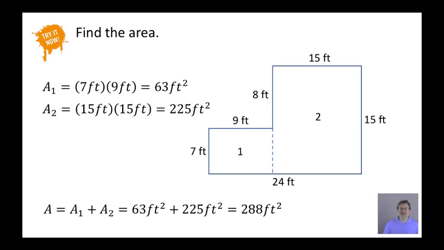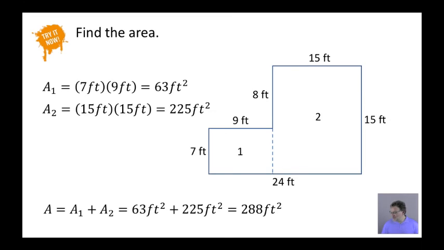You could have just as easily taken the area of the large rectangle, in other words 24 feet on the bottom times 15 feet on the side, and then subtracted off the part that's cut off, the smaller rectangle that's taken out of the upper left there, the rectangle that would be 9 feet by 8 feet. If you subtract off that bite that's being taken out of the larger rectangle, then you could calculate the area that way. But here's the way in which it was done here.